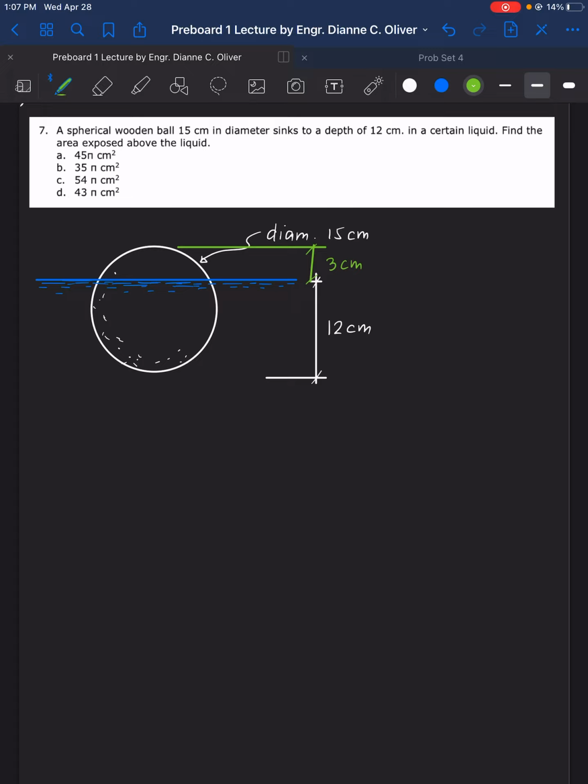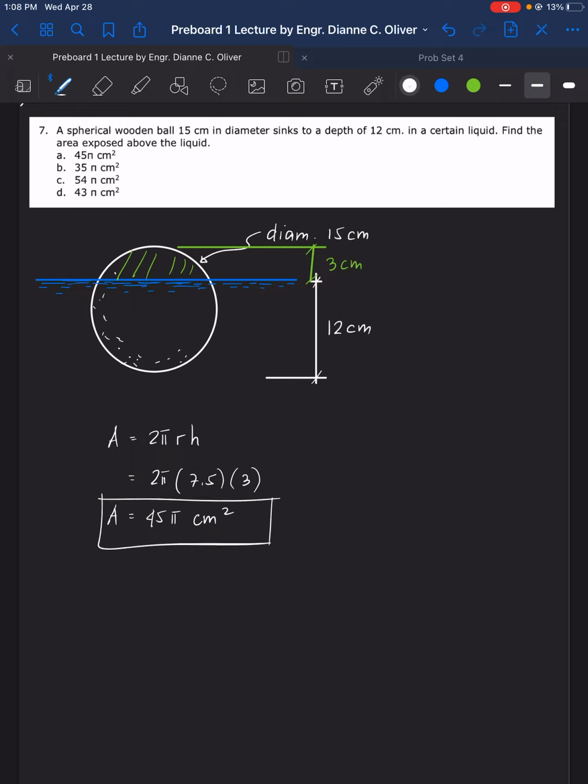Then it's looking for the area exposed above the liquid, and the area for that is equal to 2 pi RH. That's the formula for the one exposed at the top. So 2 pi RH is equal to 2 pi, radius is 7.5, times 3. So area is now equal to 45 pi square centimeters. So that's for number 7, and the answer here is letter A.